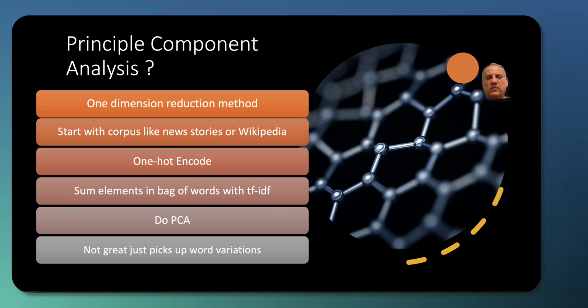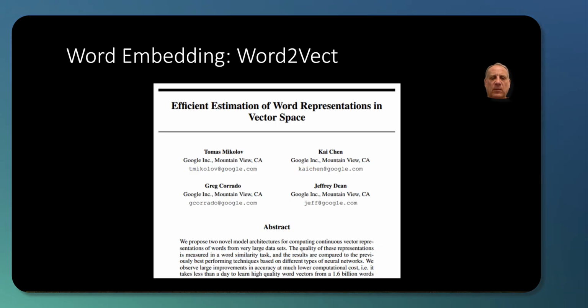You could start with a corpus like news stories, and then do one-hot encoding, and then do some bag of words, then do PCA, and that might be something, but it would just pick up the most variable words, right? Because PCA is basically sensitive to the things that have the most variation, and it doesn't really group things that are related to each other. It would just focus on the things that vary the most. So that's not going to help us too much.